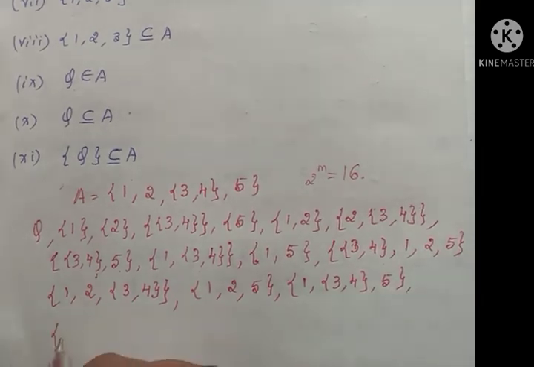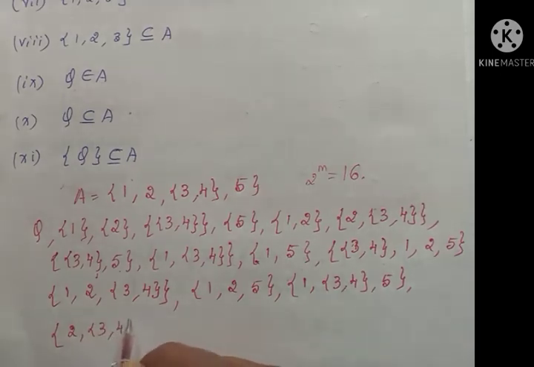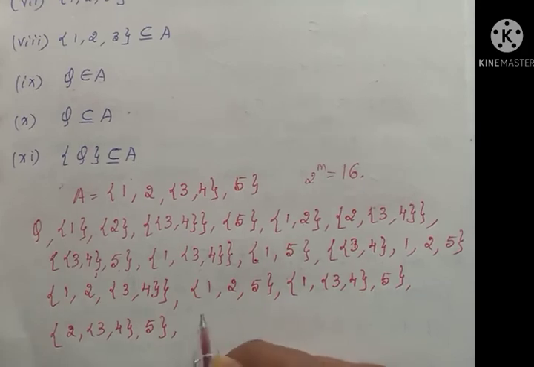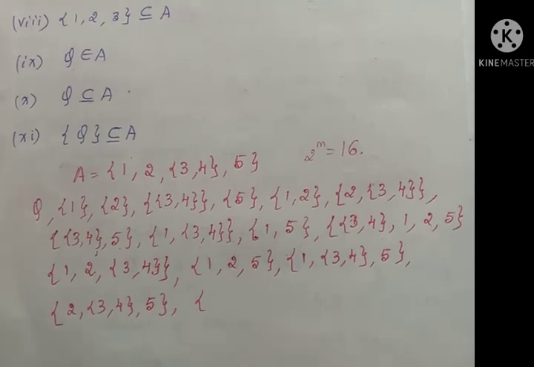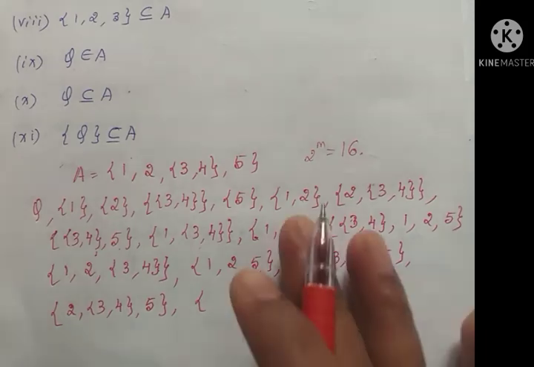Then the set having 2, {3, 4}, 5. What is remaining now? One more is required here. So 1, 2, {3, 4}, 1, 2, 5. Then 1, {3, 4}, 5. Then one more is required here. Like this you can collect all the elements.